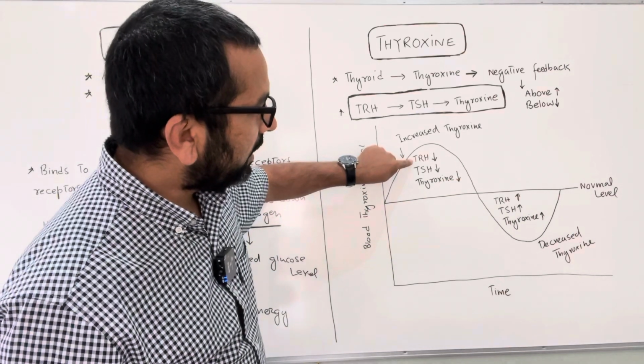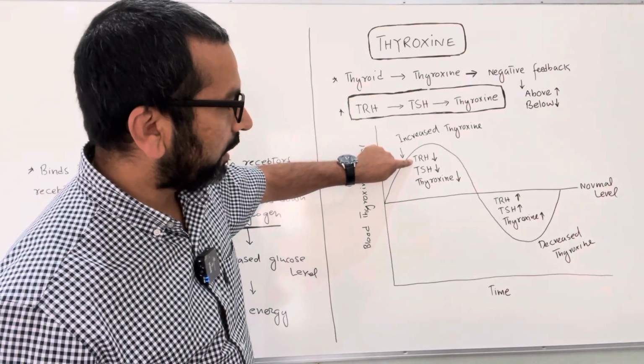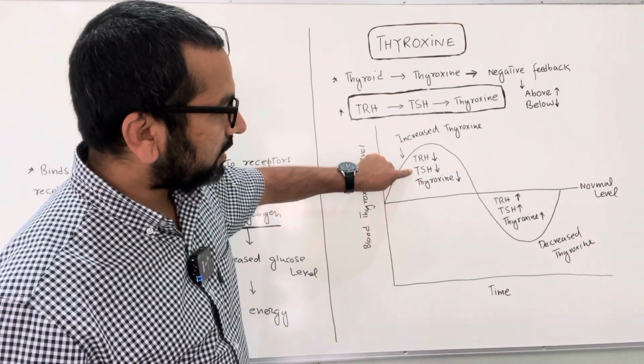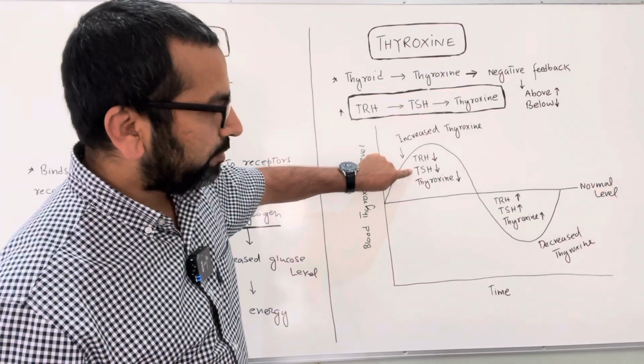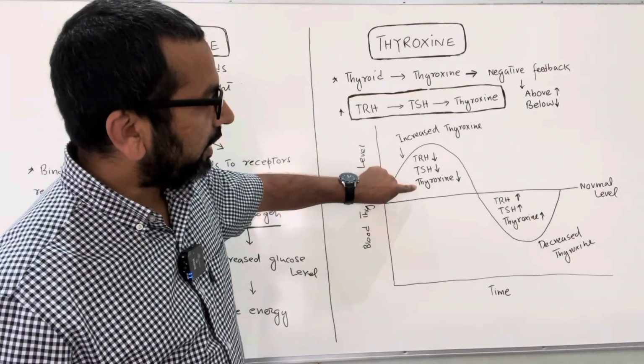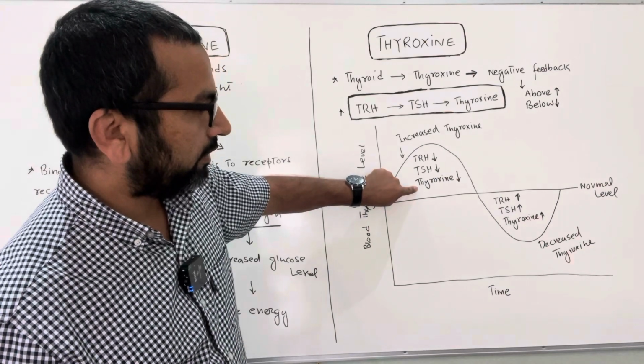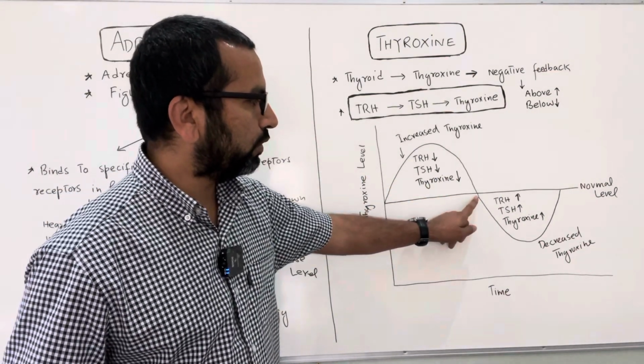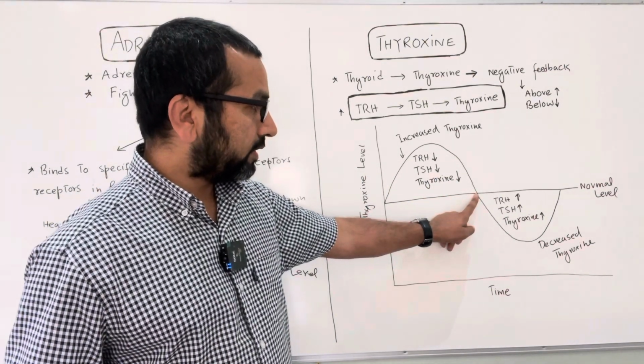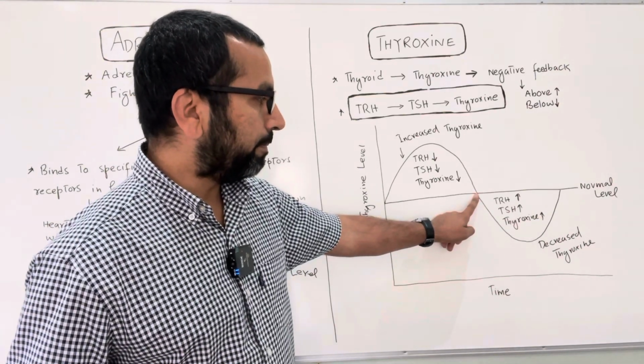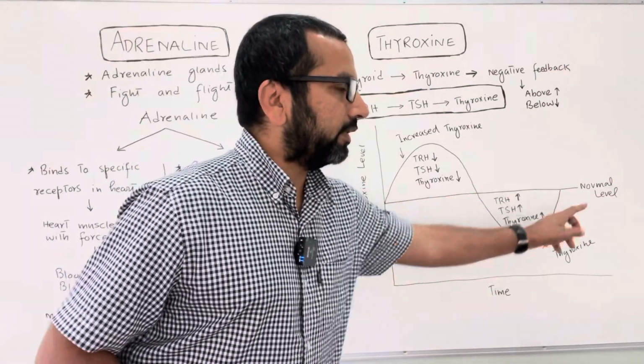So it means less TRH by the hypothalamus, less TSH by the pituitary gland, and then less thyroxine by the thyroid gland. The thyroxine level will come back to its normal level.